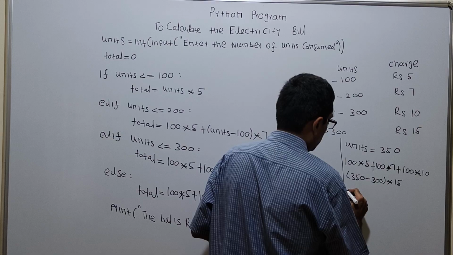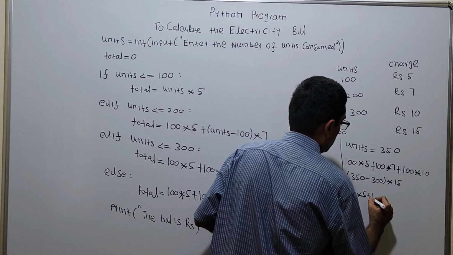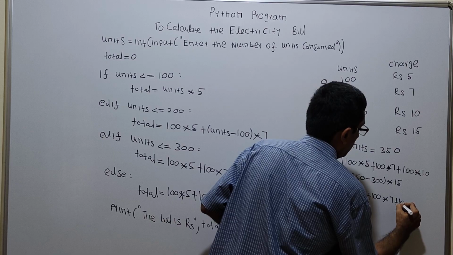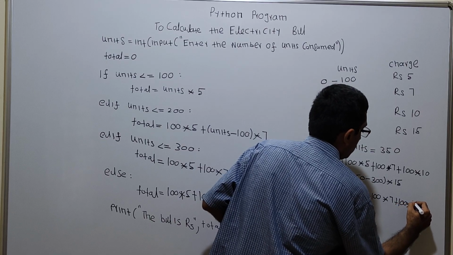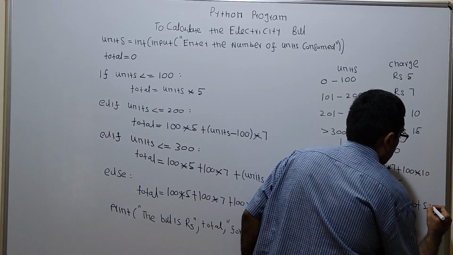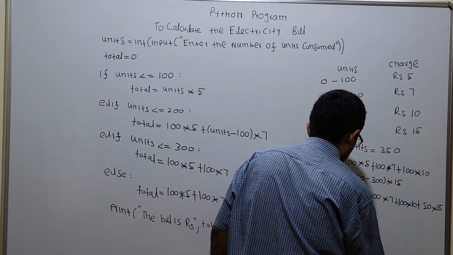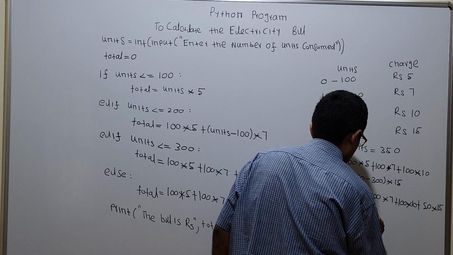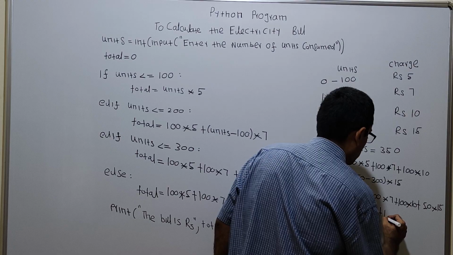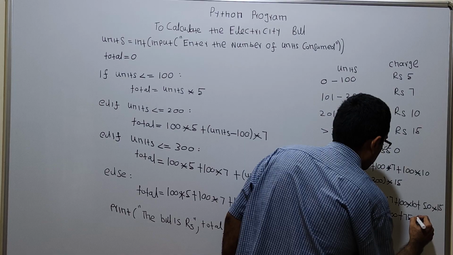So here this is 100 into 5 plus 100 into 7 plus 100 into 10 plus here this is 50 into 15. So this is 500 plus 700 plus this is 1000 plus this is 750.